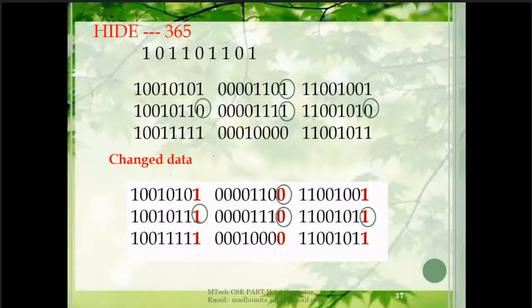And secondly, you see, it is degrading the image. Either the pixel value is increasing or the pixel value is decreasing, whatever may be. But suppose I am inserting some information, suppose in this byte, I am inserting 1, 1, and 1, all 3 bits.